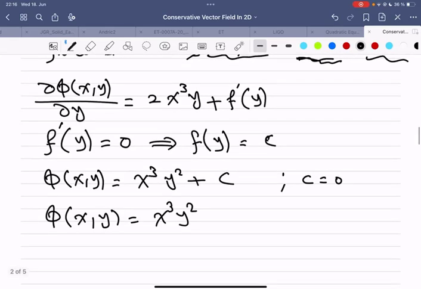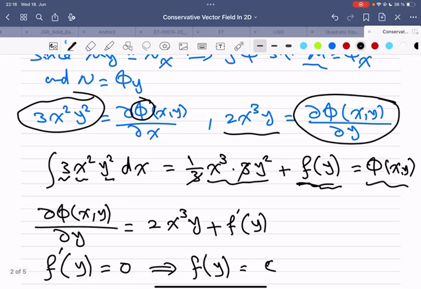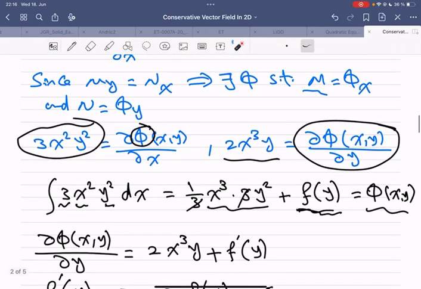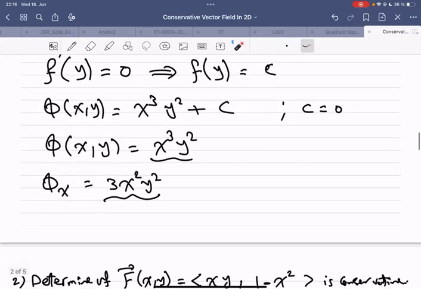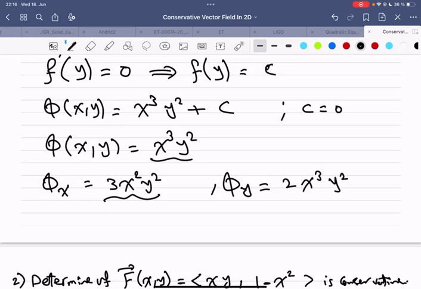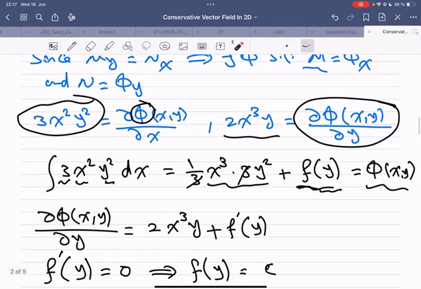So now we can check if our solution is correct or not by getting phi x equals 3x squared y squared, which is the same as here, and also phi y equals 2x to the power 3 y, which is the same as here.